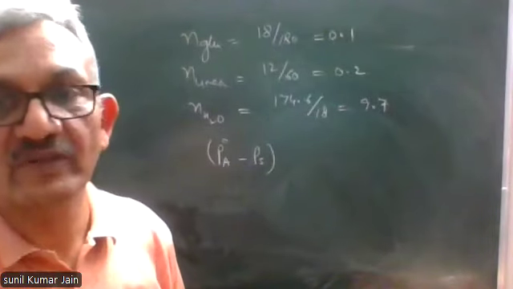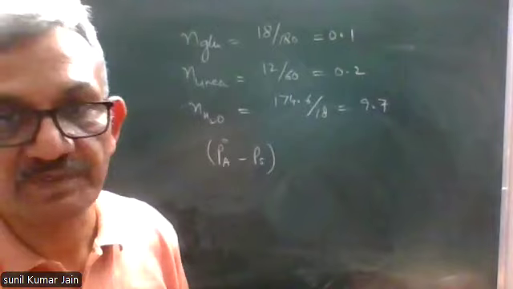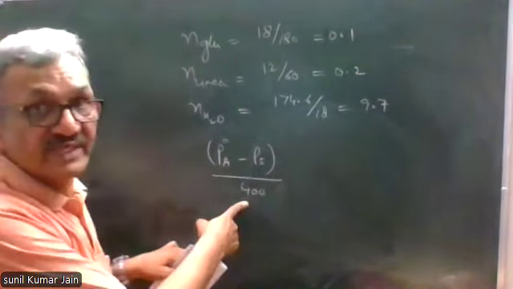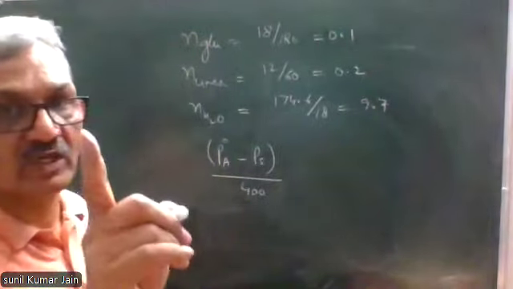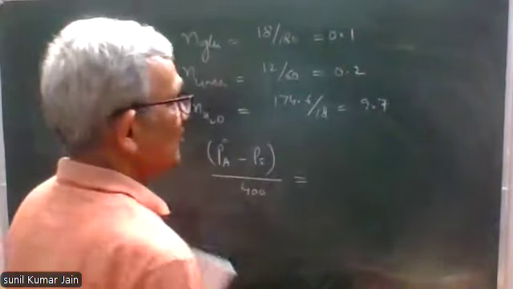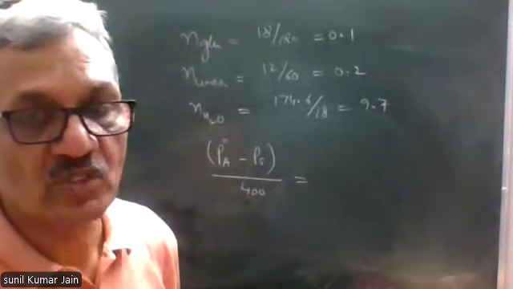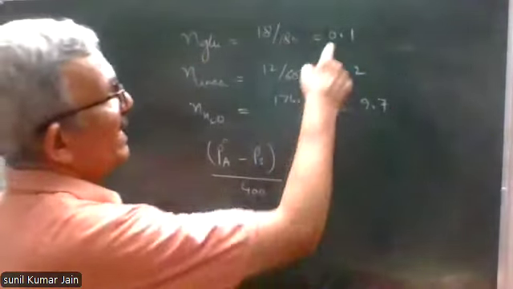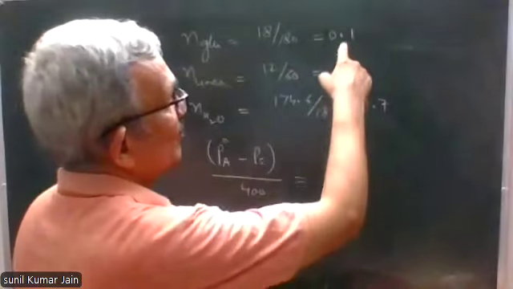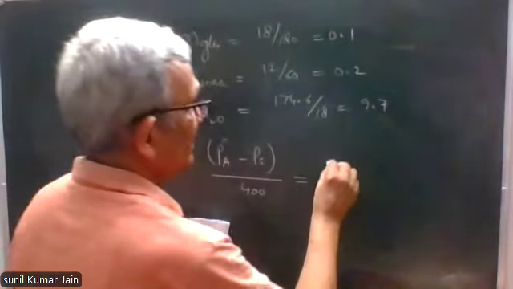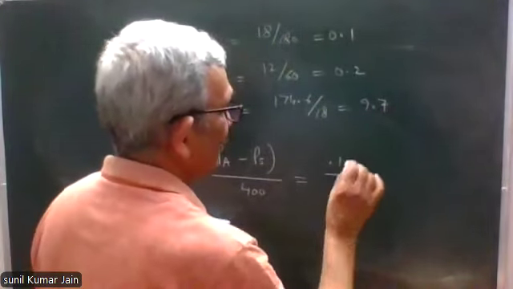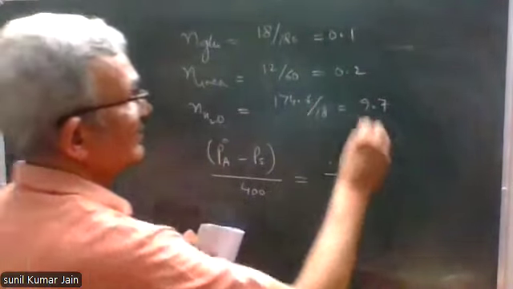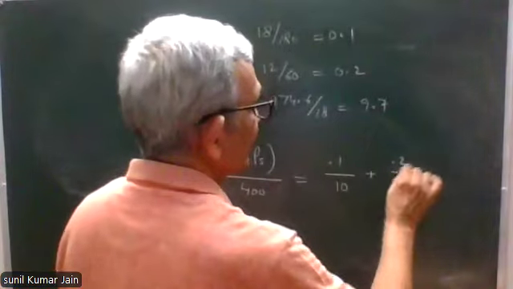Although we know the value of P naught A, we need not substitute. Divided by P naught A. P naught A is given, but in the numerator we are not substituting, is equal to mole fraction of solute. Since there are two non-volatile solutes, we'll add their mole fractions. Mole fraction of glucose will be 0.1 divided by 10. Mole fraction of urea will be 0.2 divided by 10.